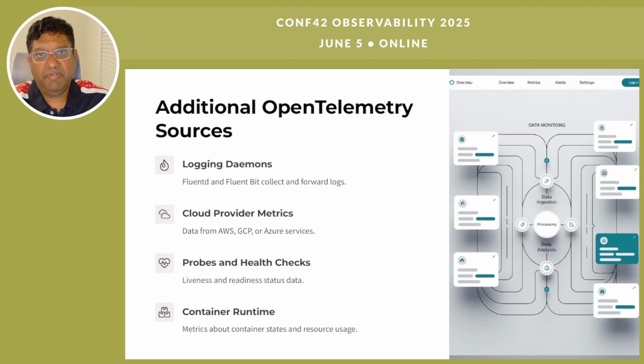And various metrics coming from cloud providers like AWS and GCP, and liveliness and readiness data, which we call probes and health checks, coming from Kubernetes clusters. And the container or runtime data, like the metrics about container states and resource usage of those containers, can also be sources for OpenTelemetry.